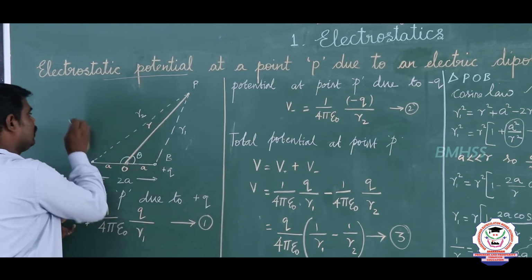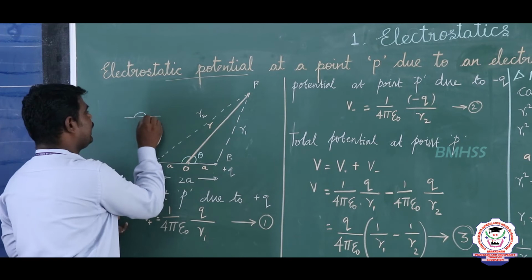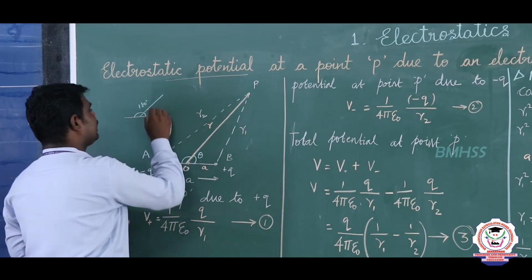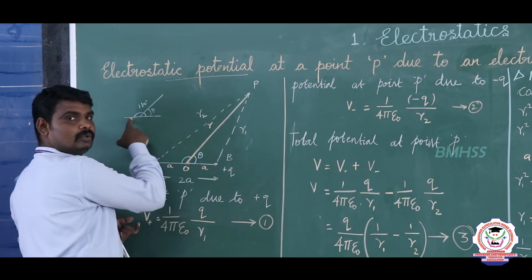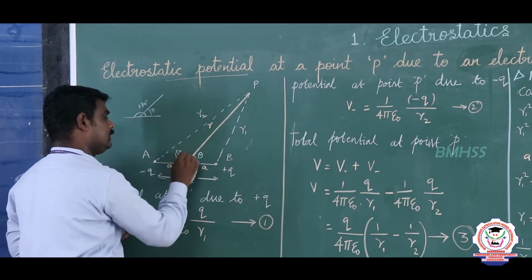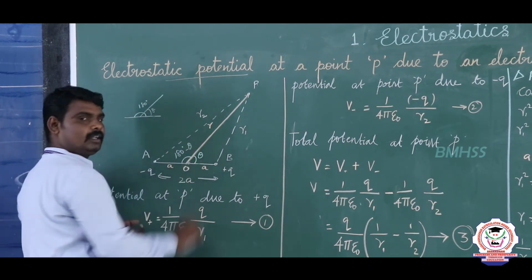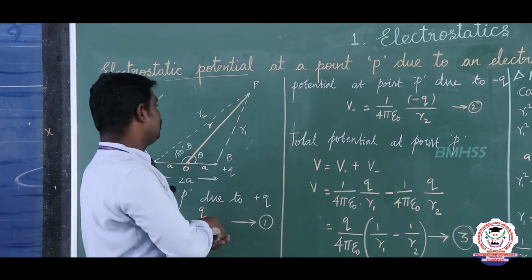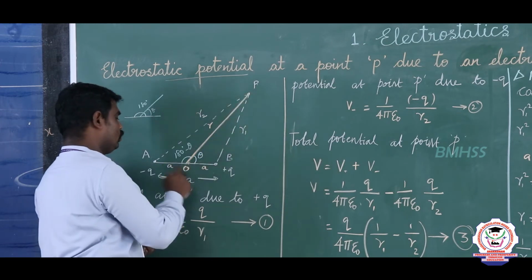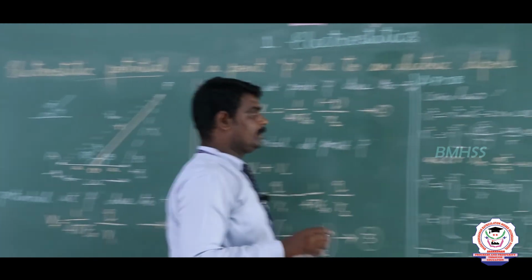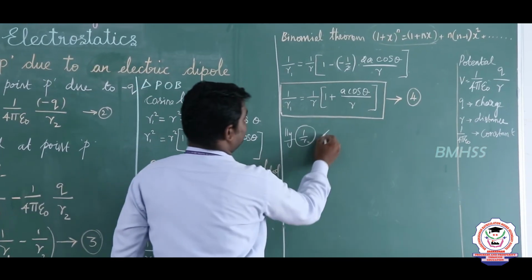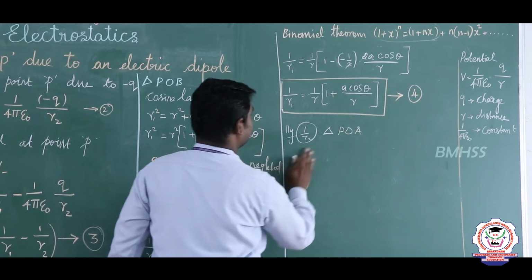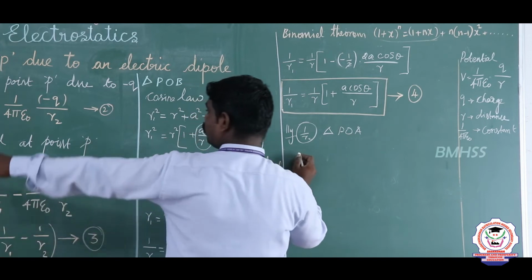This is theta. For a straight line the total angle is 180 degrees. If you separate this angle theta, the remaining value, very good, is 180 degree minus theta. Now I am applying the cosine law for this triangle POA.